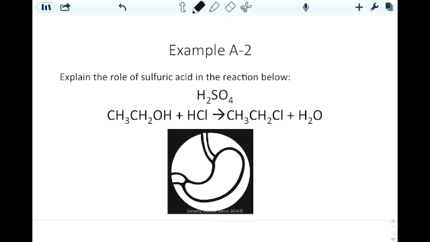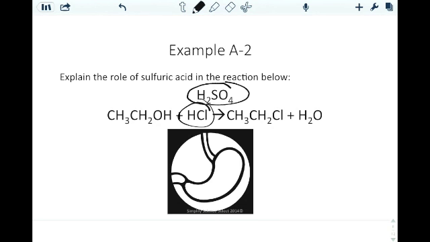Looking at our next example, it says explain the role of sulfuric acid in the reaction below. Well, sulfuric acid is over the arrow, so we know that it is a catalyst. This is basically what's going on in our stomachs. We see that we have our hydrochloric acid right here, and we're looking at the reaction that's taking place, and we can see that the sulfuric acid is going to act as a catalyst.